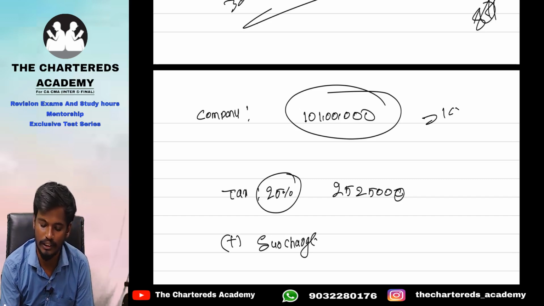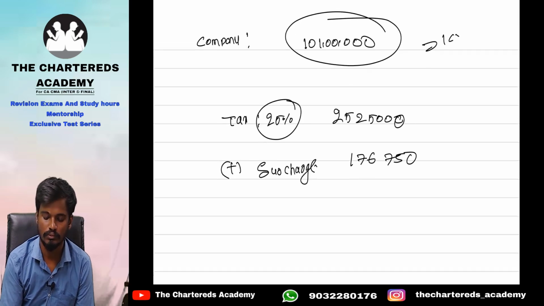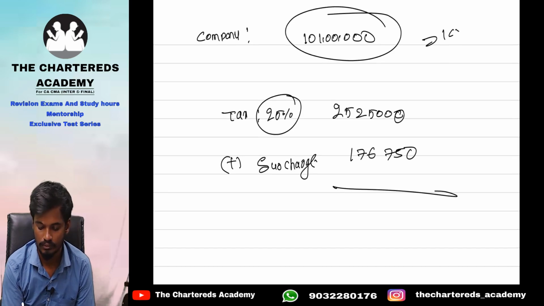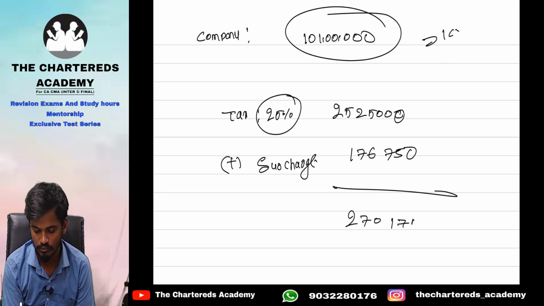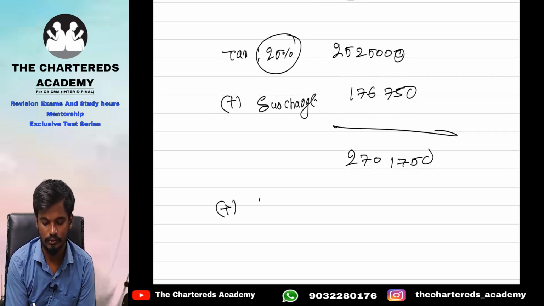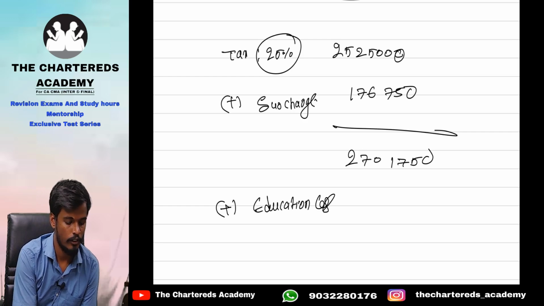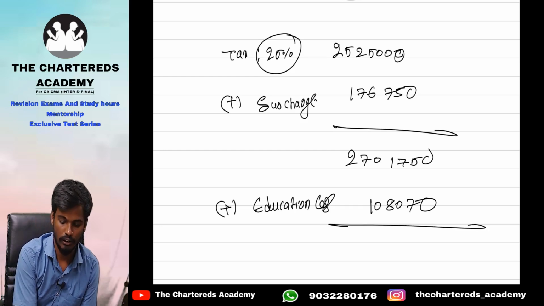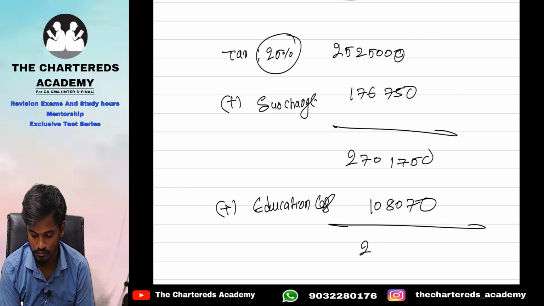It is exceeding 1 crore, so 7%, which is 1,76,750. Plus education cess at 4%. That is your total.